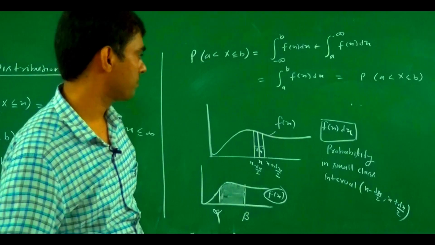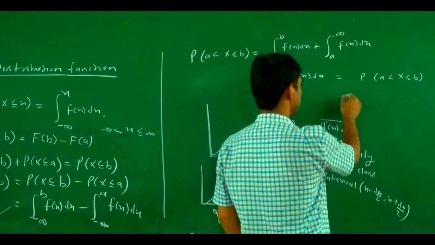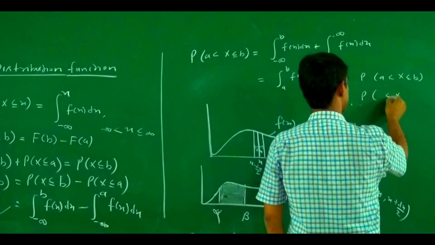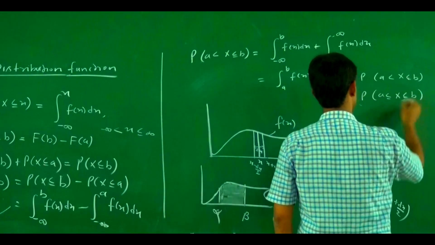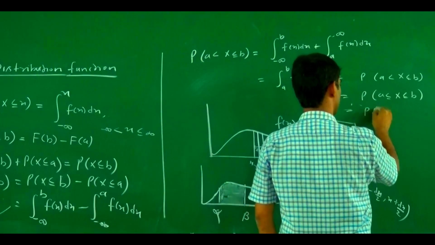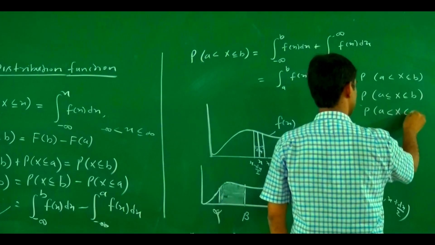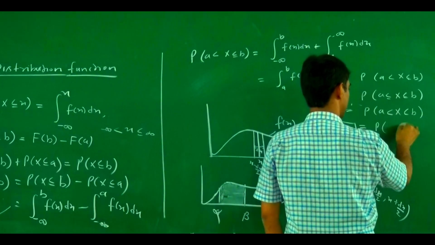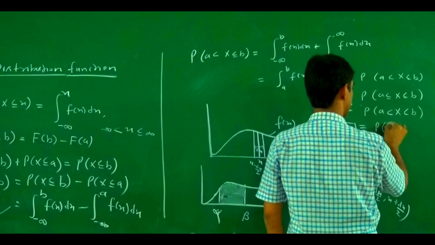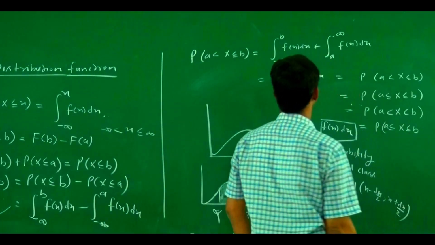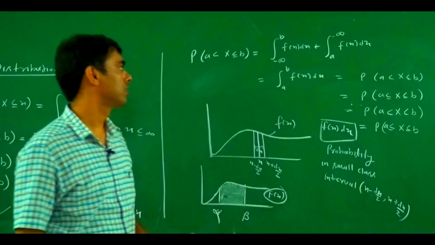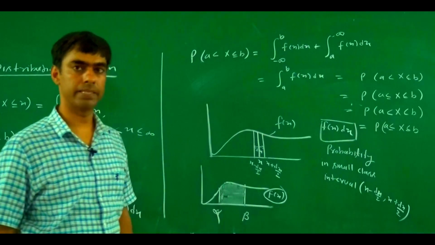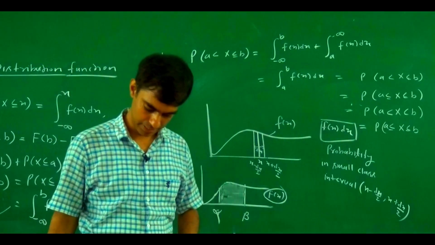So the probability that X is greater or equal to a and less or equal to b equals the probability that X is greater than a and less than b, and also the probability that X is greater or equal to a and less or equal to b. In all these cases the probability is the integral from a to b of f(x) dx. So this is one property.